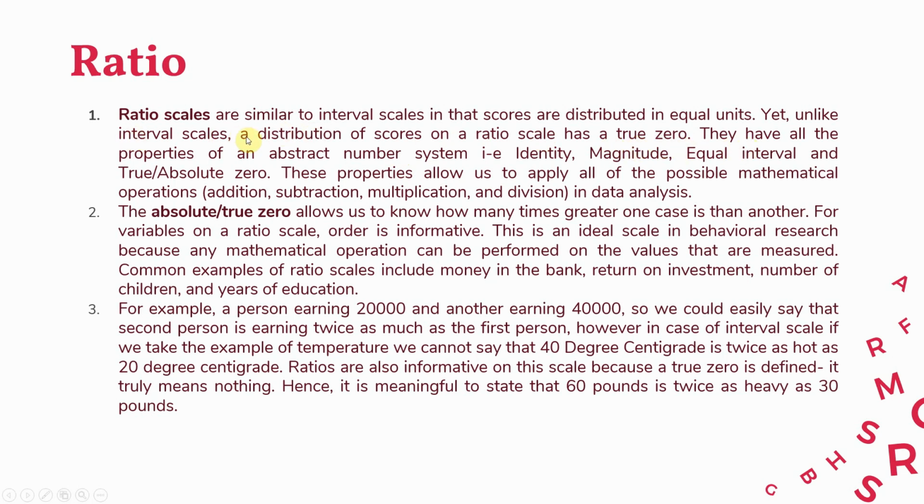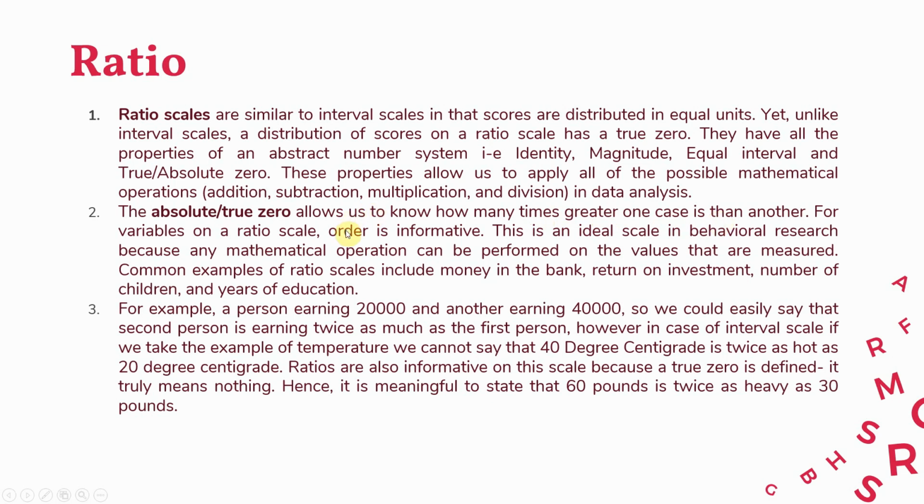They have all the properties of abstract number system. These properties allow us to apply all the possible mathematical operations: addition, subtraction, multiplication and division. Now in this case they hold absolute true 0, and this allows us to know how many times greater one case is than another.